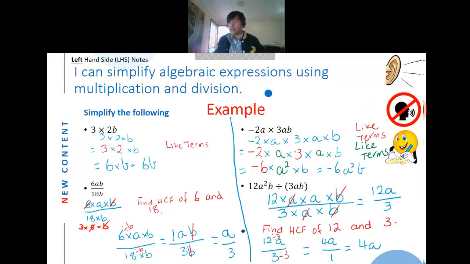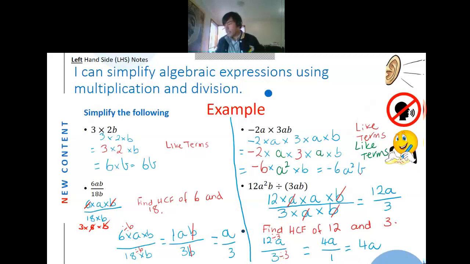Now remember, when we have a negative times a positive, it gives you a negative. And 2 times 3 is 6, so we have negative 6. And then we've got 2 letter A's. Okay, so A times A, well, that gives you A squared. And then just 1 letter B. So for our final answer, it is negative 6A squared B.